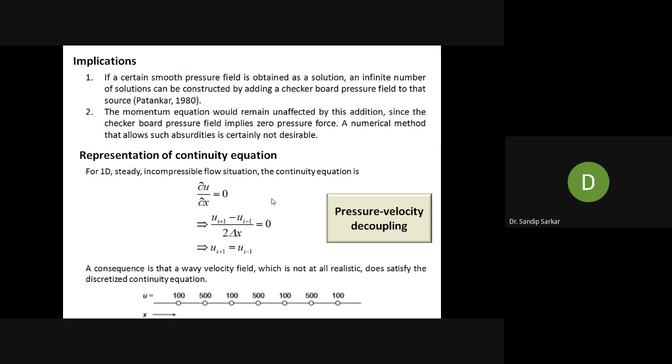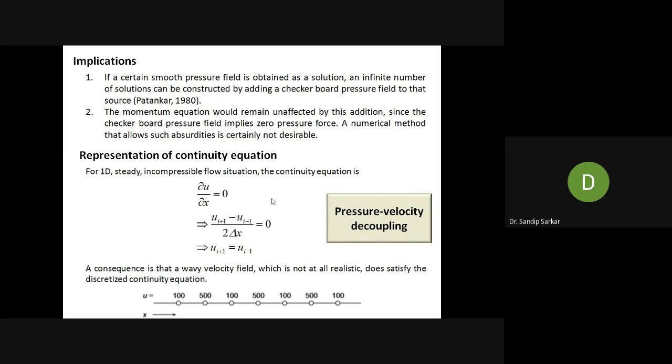Okay, so in the primitive variable approach, which is one of the most important approaches for the CFD technique, if we use a finite difference grid, that is, all the velocity grid points and pressure grid points are at the same location, you may face the problem of pressure velocity decoupling in the numerical solution of the problem.